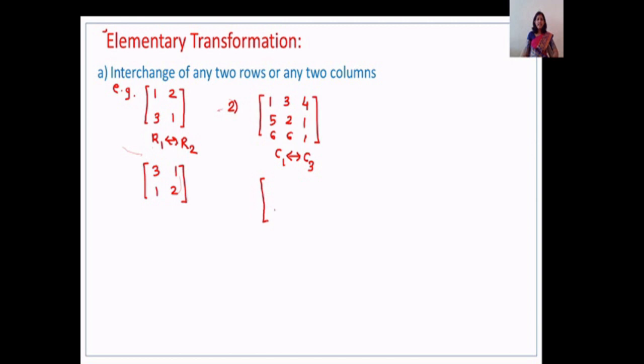So what do we get? We get 4, 1, 1, 3, 2, 6. Second column as it is, and the third column, we interchanged with the first column, which is 1, 5 and 6. This is the answer. That means interchange of any two rows or any two columns.